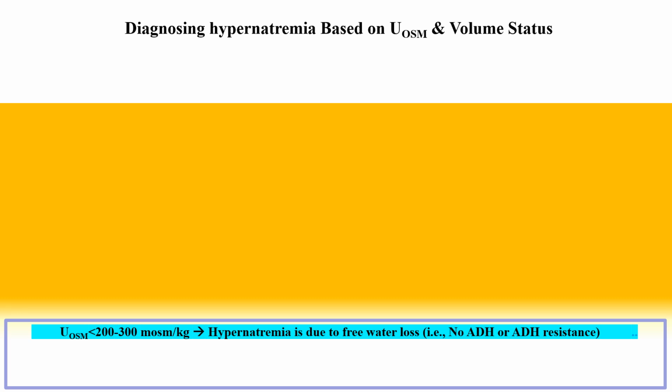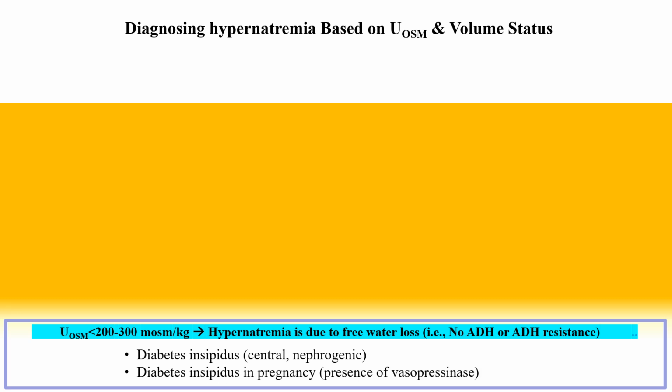This can be seen in conditions such as central or nephrogenic diabetes insipidus. Rarely, this may be seen in pregnant women where placentas overproduce vasopressinase, an enzyme that degrades ADH and renders it inactive. This condition can be easily managed with the administration of DDAVP or delivery of the baby and placenta.